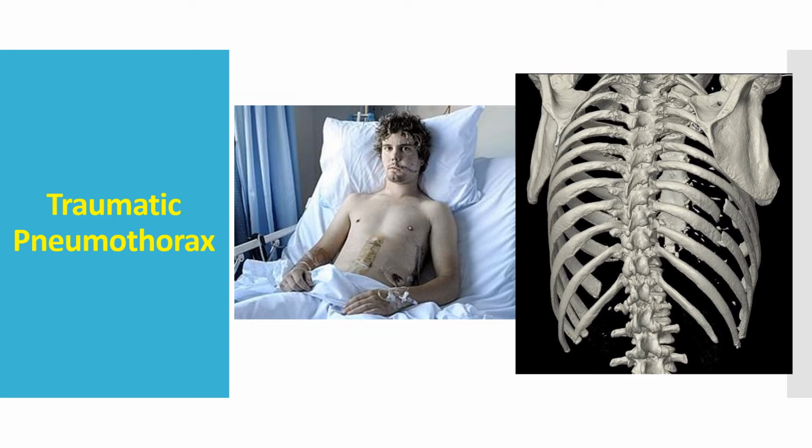Often accompanied by a hemothorax after major injury from torn intercostal vessels, lacerations of the great vessels, or lacerations of the lung itself. And a hemothorax is just blood in the pleural space instead of air. A hemopneumothorax, where we have air and blood, is common after major trauma. Chest surgery can be classified as a traumatic pneumothorax. And the diagram on the right demonstrates a dislocated rib fracture puncturing the lung, which would result in a traumatic pneumothorax.